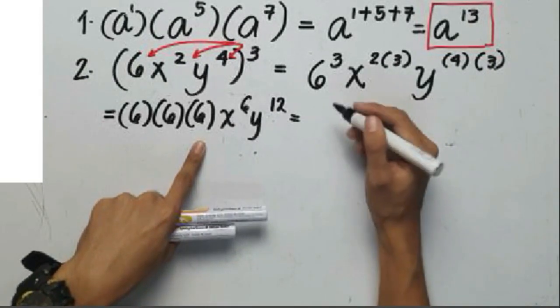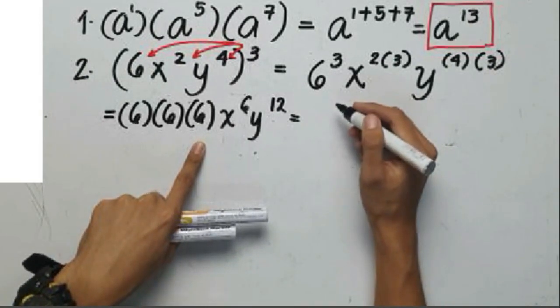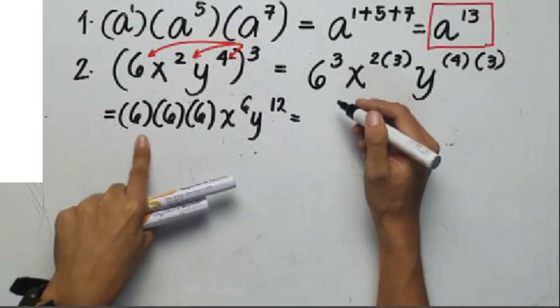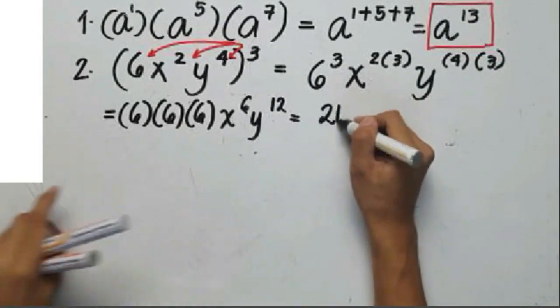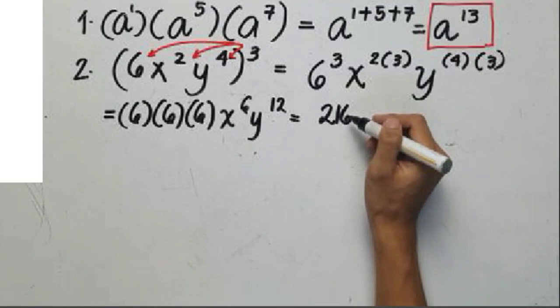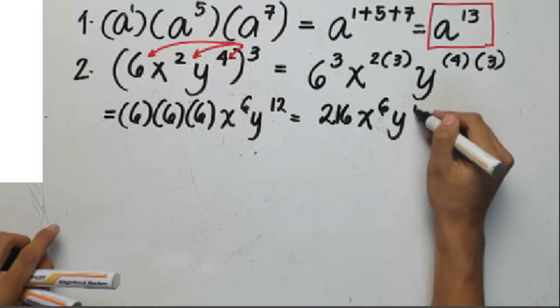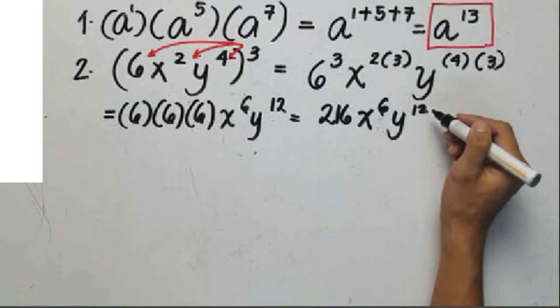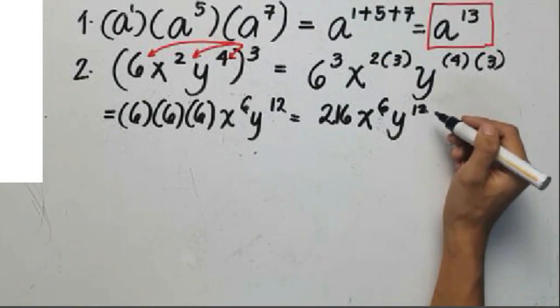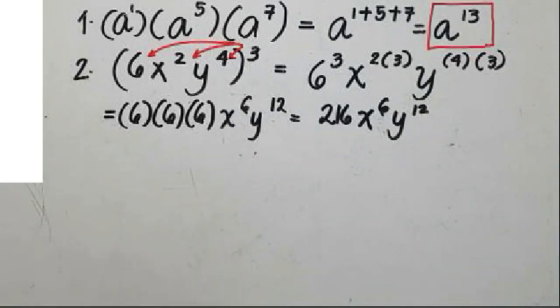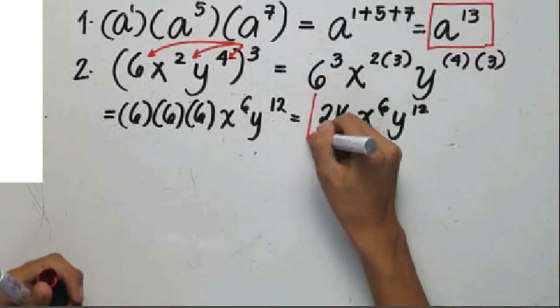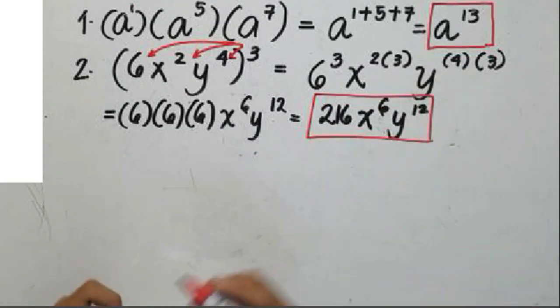Pwede kayong mag-multiply ng long method, pero kung kabisado nyo or kaya nyo i-mental, this is just equal to 216 times x raised to 6, y raised to 12. Okay? So this will be our answer: 216 x raised to 6, y raised to 12.